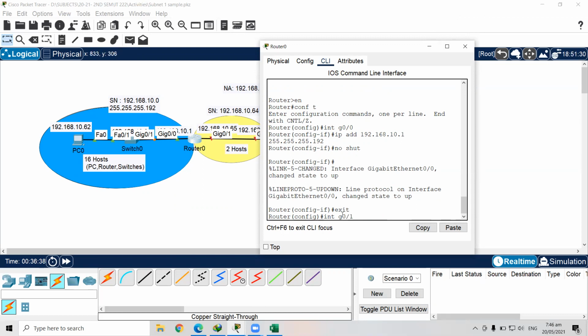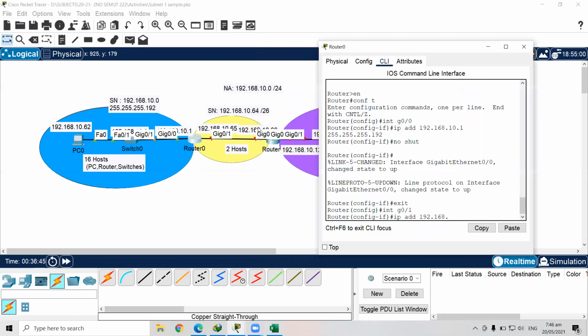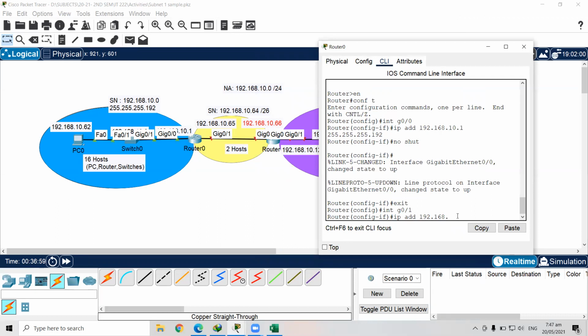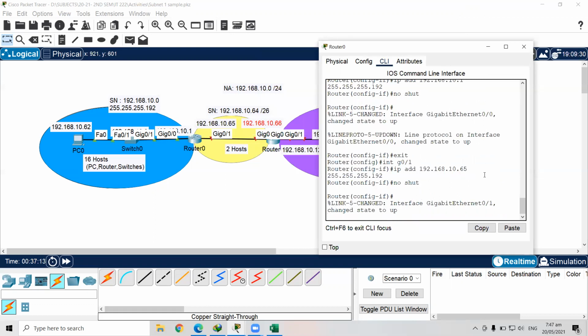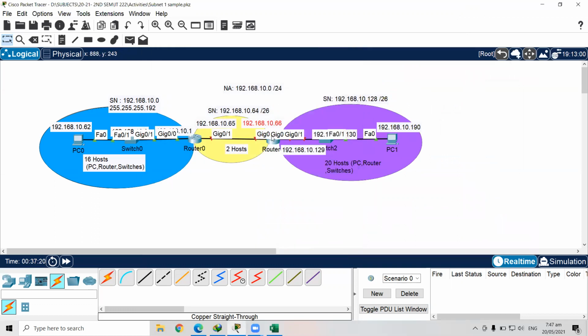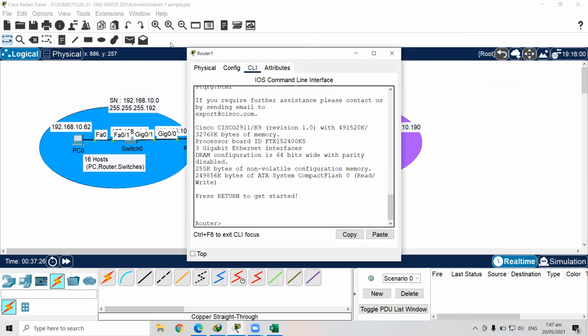So interface gigabit 0/1, IP add 192.168.10.65. Subnet mask is 255.255.192. No shut.